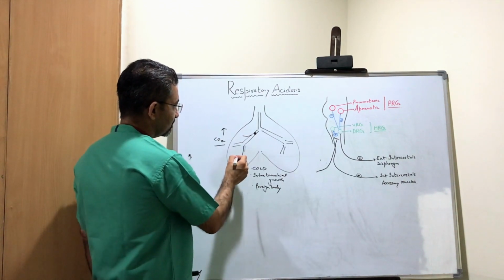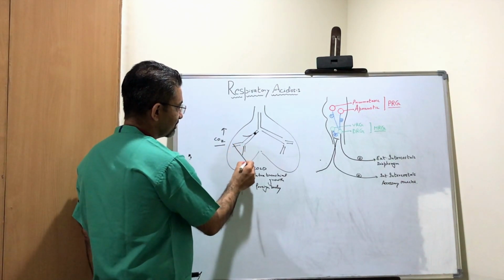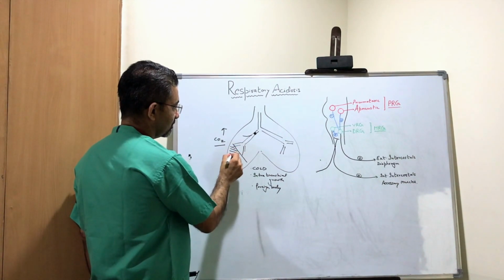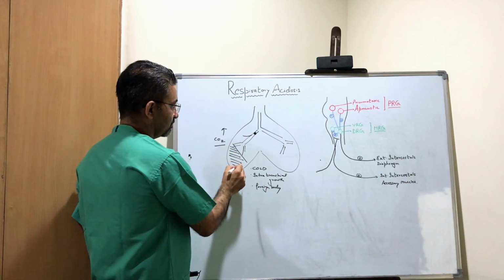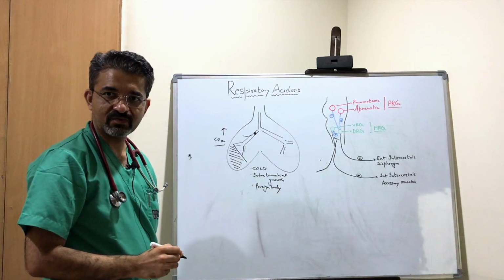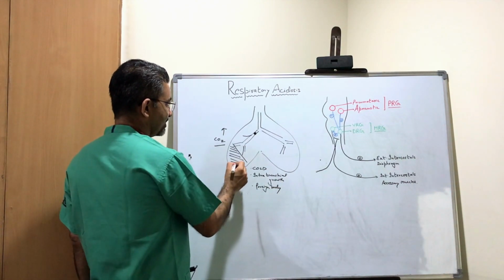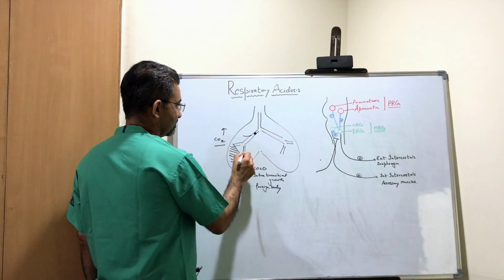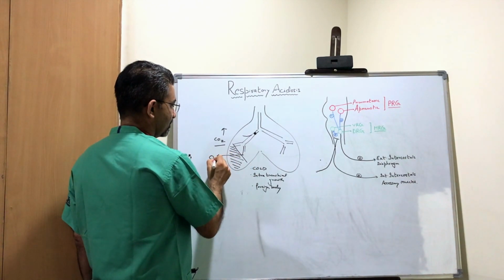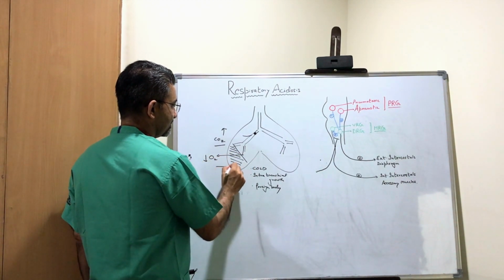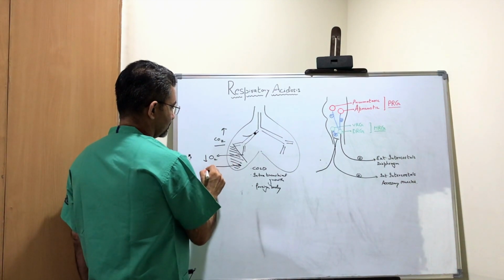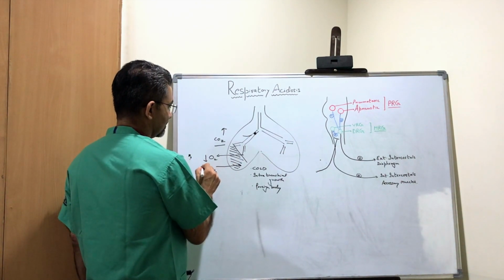Suppose you have profound consolidation. This profound consolidation, what it will do, it will decrease your oxygen uptake and decrease your CO2 excretion. So CO2 will be retained.